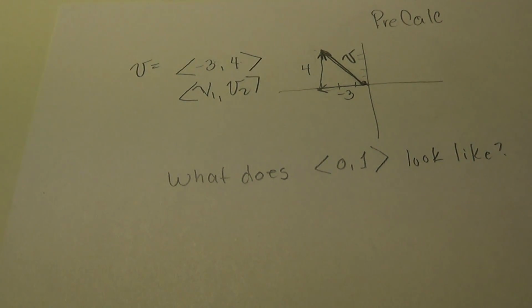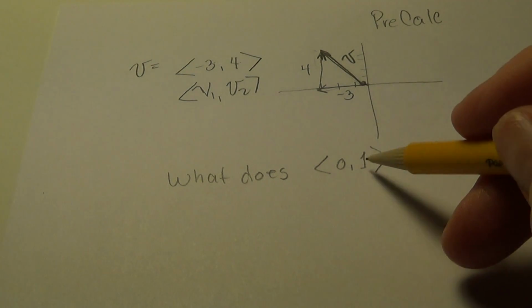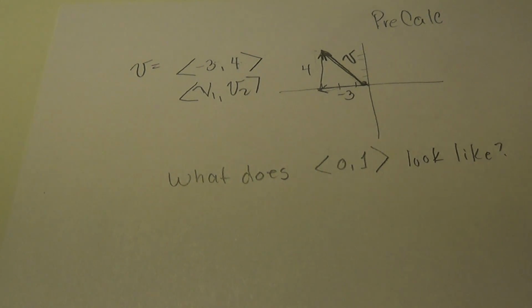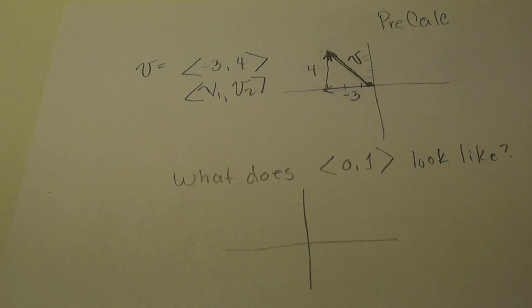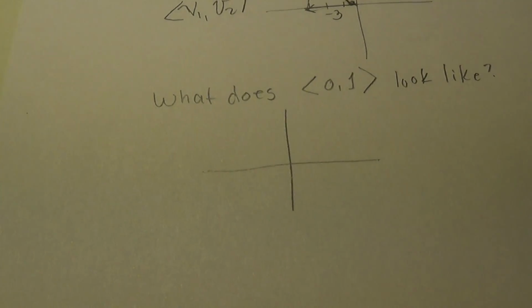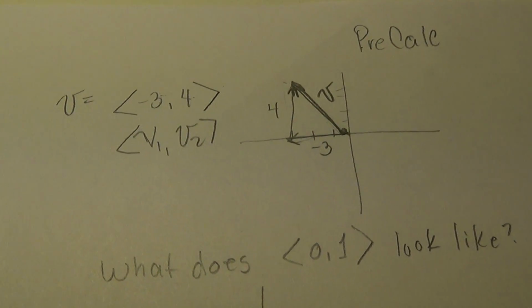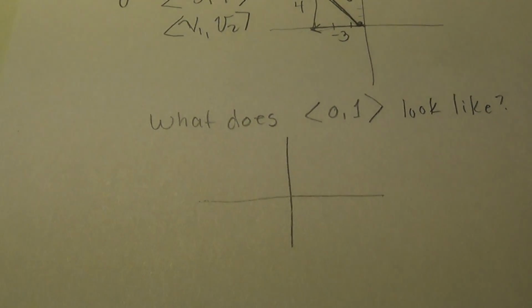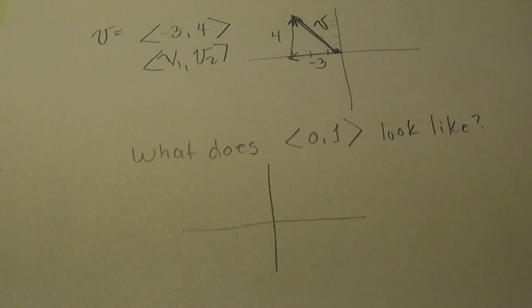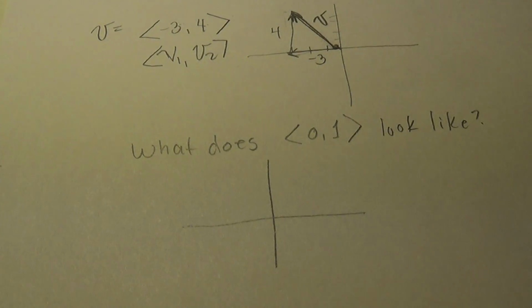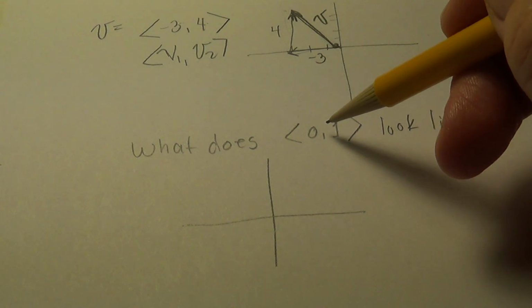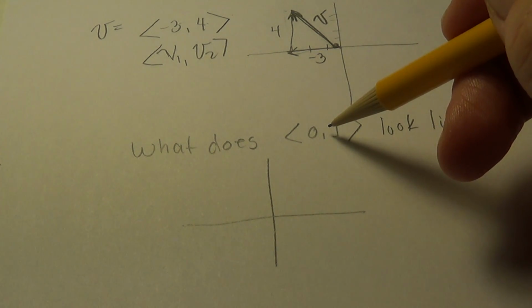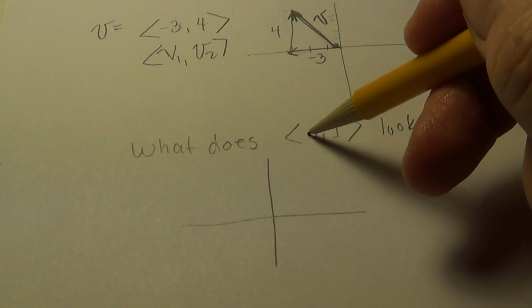Alright, can you give me a sketch of <0, 1>? I'll give you a second to get yourself ready. Give yourself a coordinate plane and draw in the vector just like I did up here with <-3, 4>. Draw the vector <0, 1>. Well, after consideration and intelligent thought, you recognize that <0, 1> has no x direction.